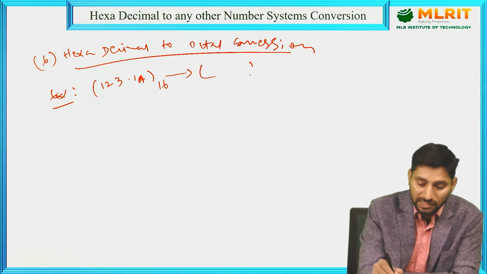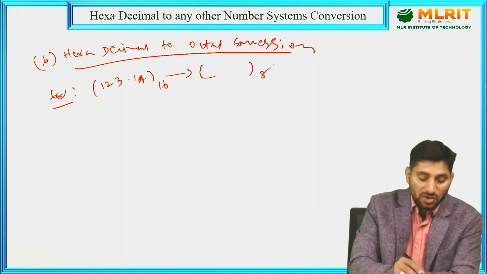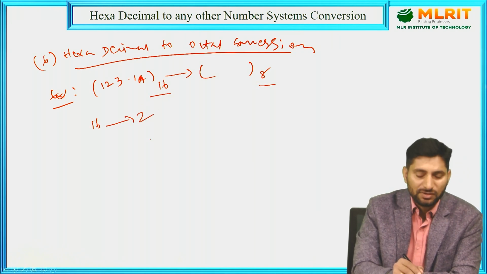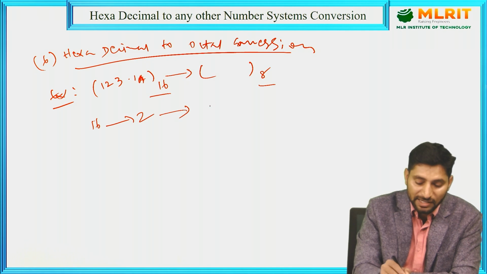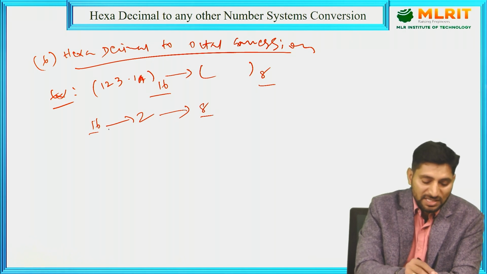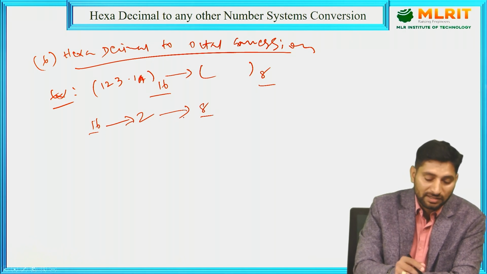I need to convert it into octal. So while converting hexadecimal to octal, first convert this hexa into binary, then convert that binary into octal. Then binary to octal is easy.